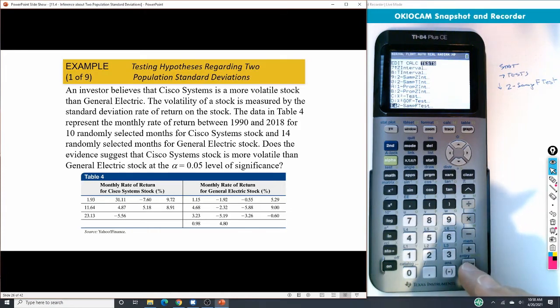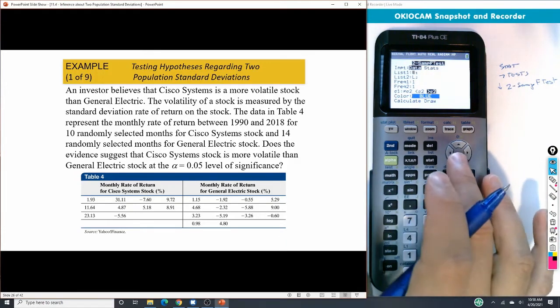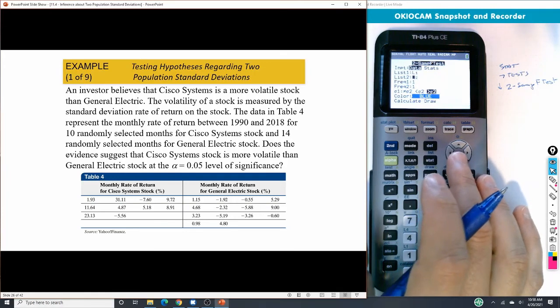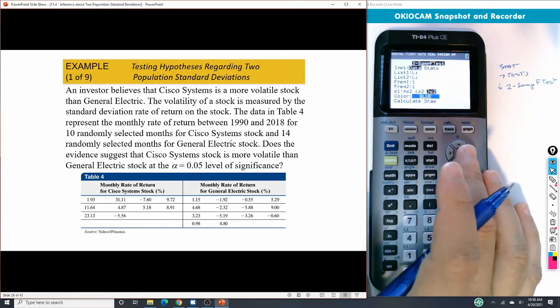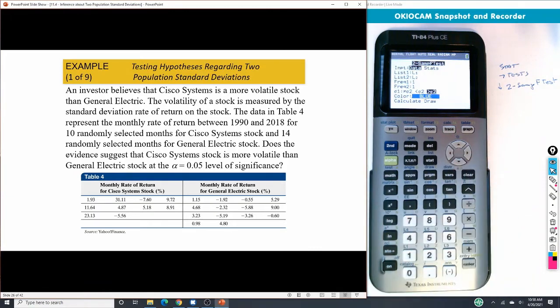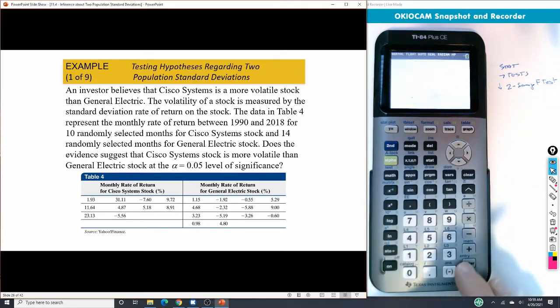Now we have data, so we keep Data there. We have them in L1 and L2. Our frequency is 1. We think one is bigger than the other. In L1, we put our Cisco. In L2, we put General Electric. It says Cisco more than General Electric, so that's why I want the more than option. And then we're going to calculate.